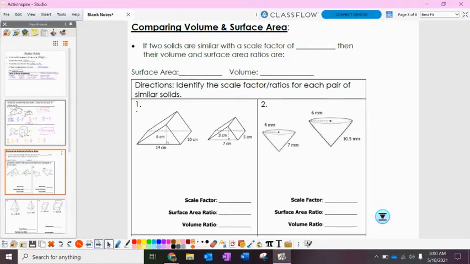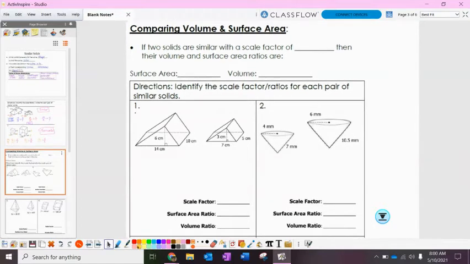If two objects are similar, with a scale factor of A to B, and again, those are just variables that we use to represent the ratio of the corresponding linear measurements, then their surface area and volume ratios are: surface area will be A squared to B squared.